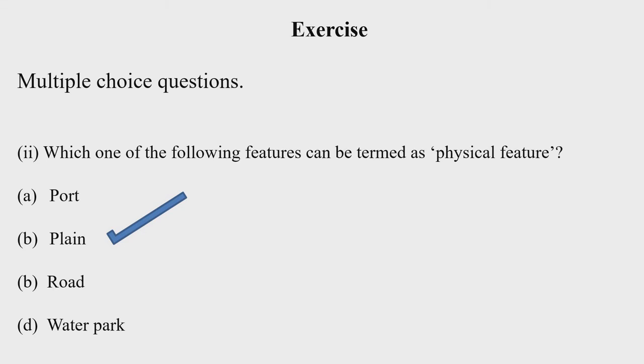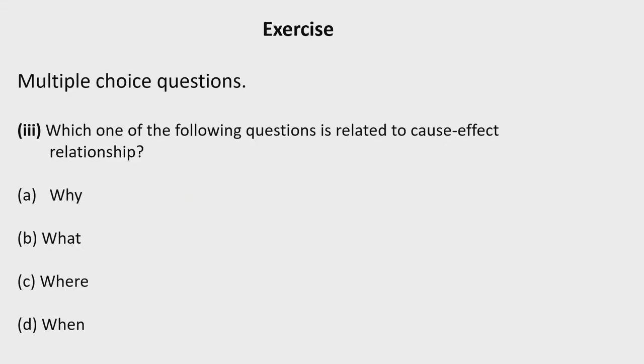The next question for you is, which one of the following questions is related to cause-effect relationship? The options for you are number 1, why, number 2, what, number 3, where, and number 4, when. And the right answer for you is why.